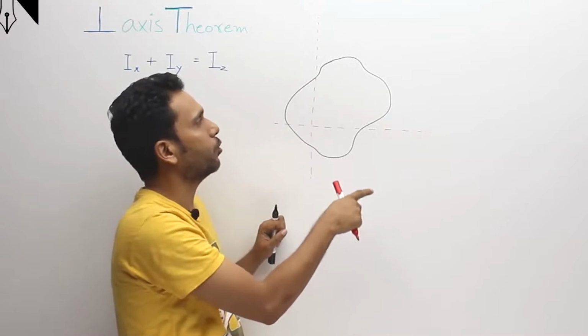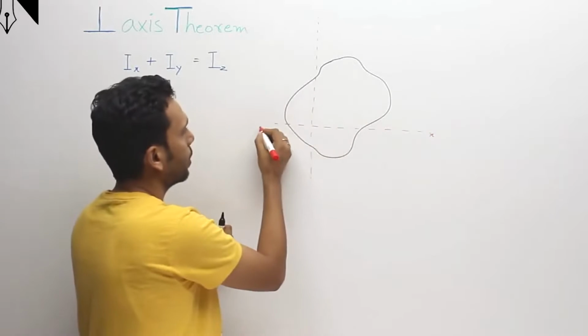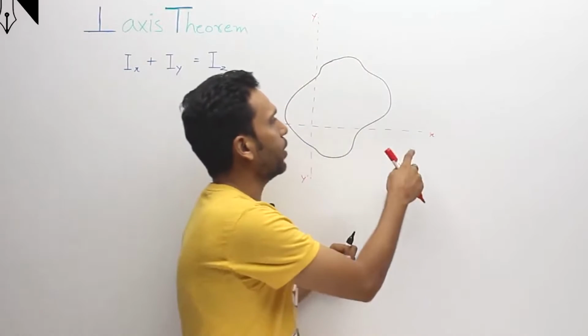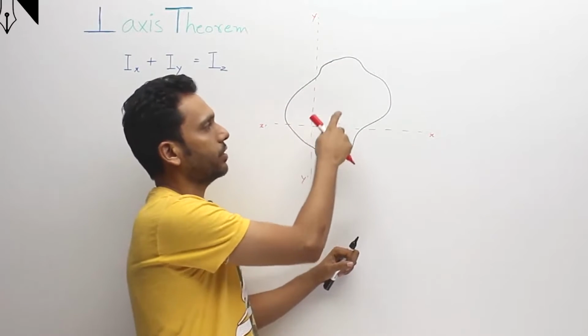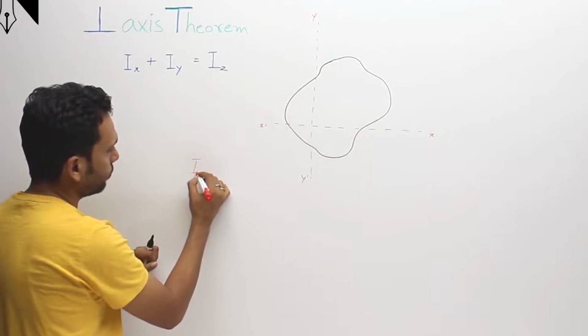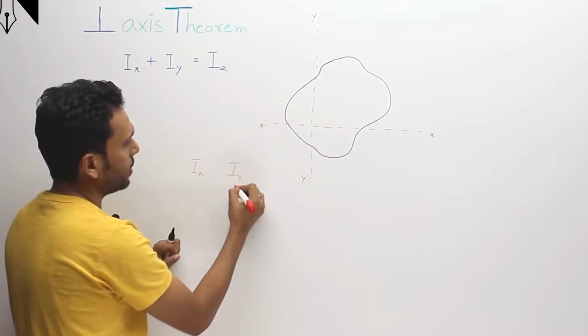So these two axes need to be perpendicular to each other. Let me call this axis the x-axis and this axis the y-axis, and the moment of inertia about the x-axis for the body is say Ix, and about the y-axis is say Iy.